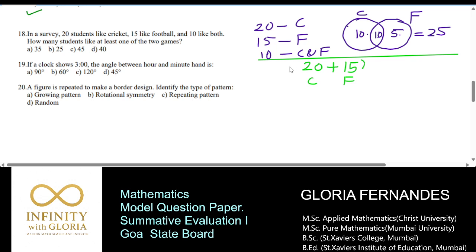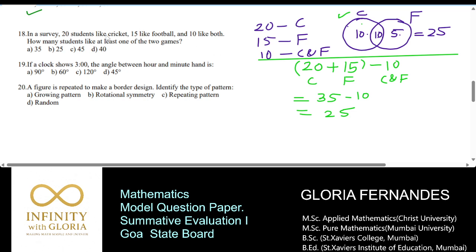So we will add these two and subtract the common, that is cricket and football. So what will be the answer here? 35 minus 10, which is going to give you 25. So either way, I think you might use this method in your higher classes. If you are okay with this, you can use this, or you can use the other also.